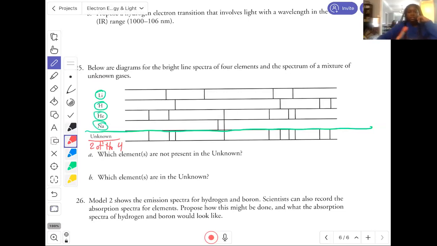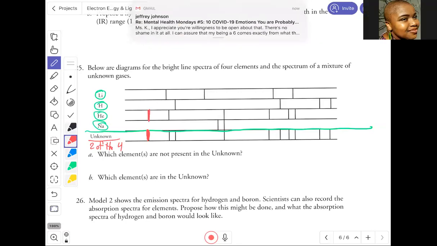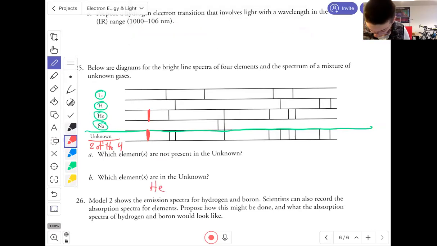Lining up the lines. So this first line in the unknown comes from which element? Helium. It comes from helium. Okay, so that means I know that helium has to be in the unknown, because if I look, every single one of helium's lines is in this unknown.